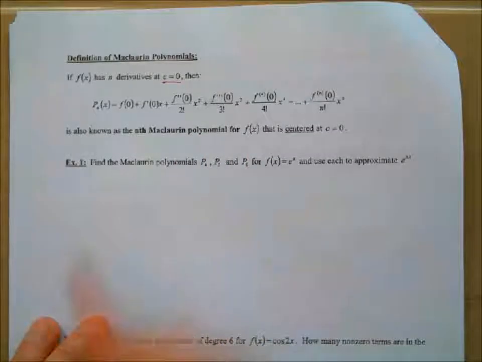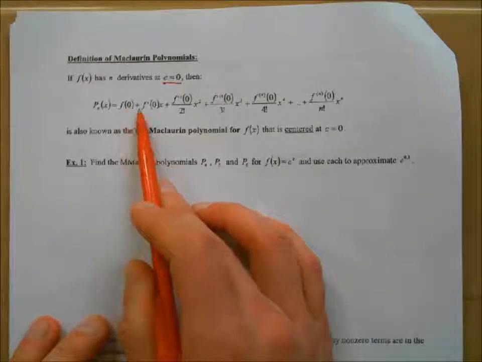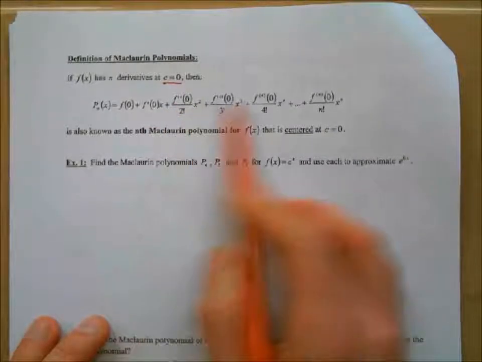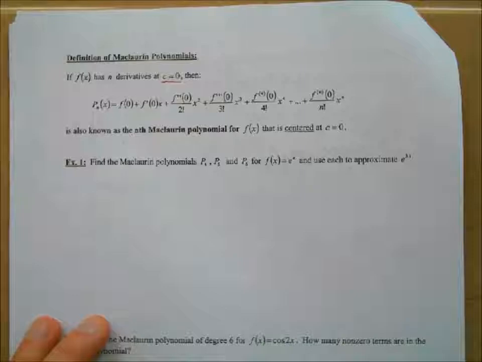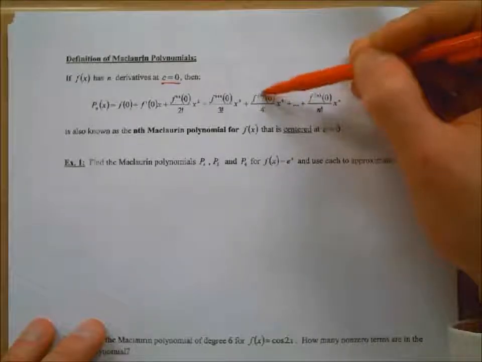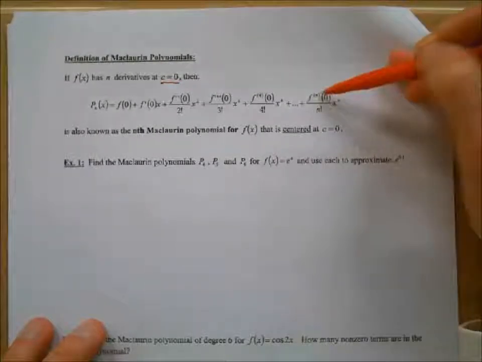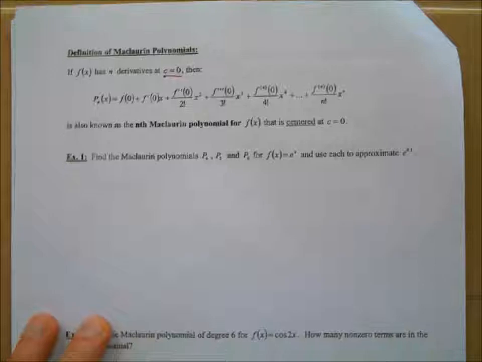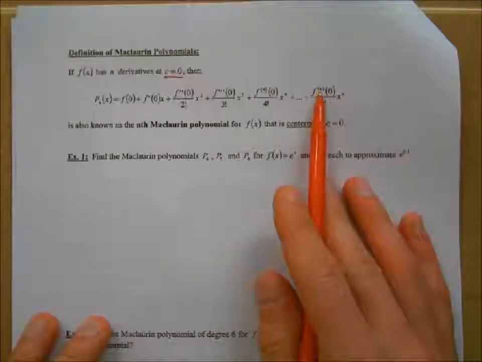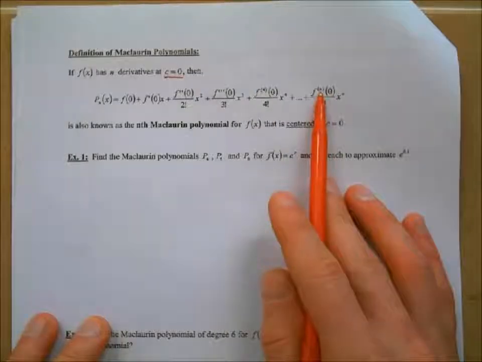And you can see f of 0 plus f prime of 0 times x plus f double prime of 0 over 2 factorial x squared, and so on and so forth, onward. And remember, after like 3 primes, you can just start putting the number 4 in parentheses in your exponent spot there, and that means the 4th derivative. That means the nth derivative. We haven't seen that a whole lot, so I just wanted to make sure you remember that too.